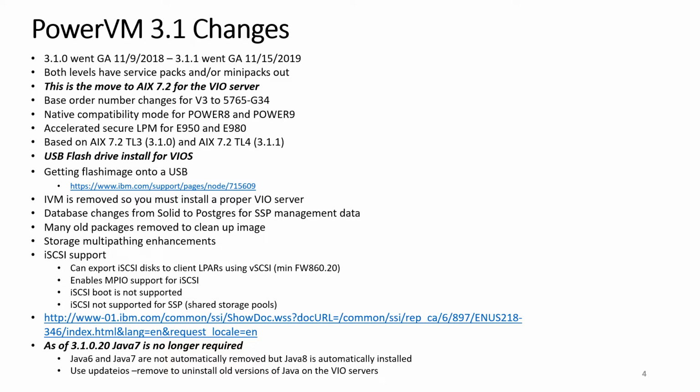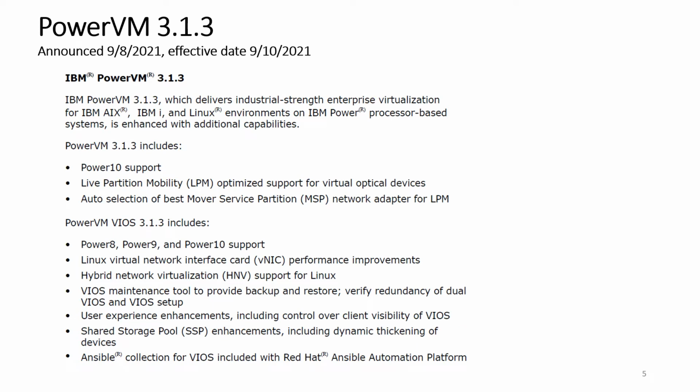It also allowed you to use a USB flash drive to install your VIO servers. And they now provide a flash image that you can use for installations and upgrades. And as you can see below, there are a number of other items that were also included as part of the PowerVM 3.1 changes. Due to the delivery date for the presentation, it will focus on version 3.1.2.